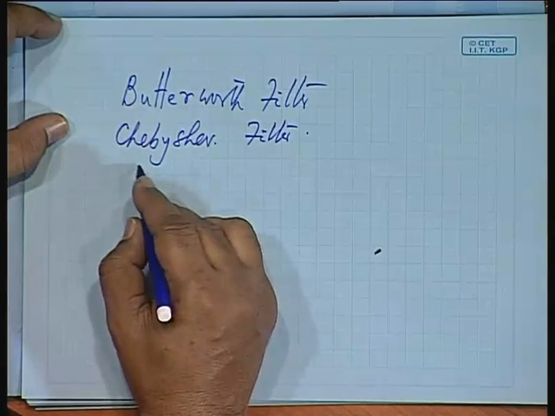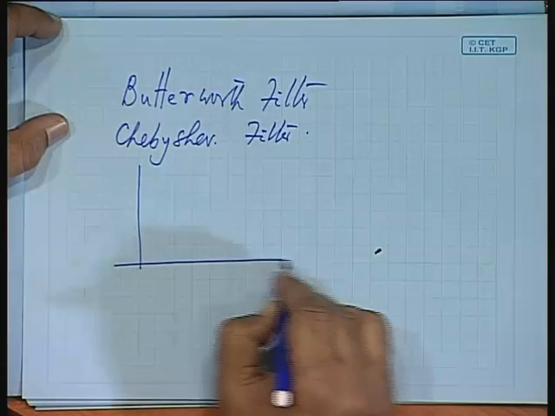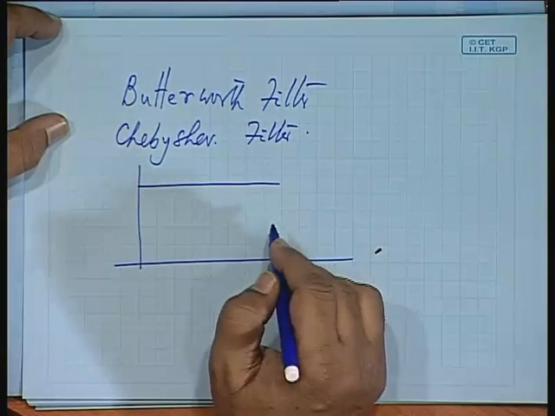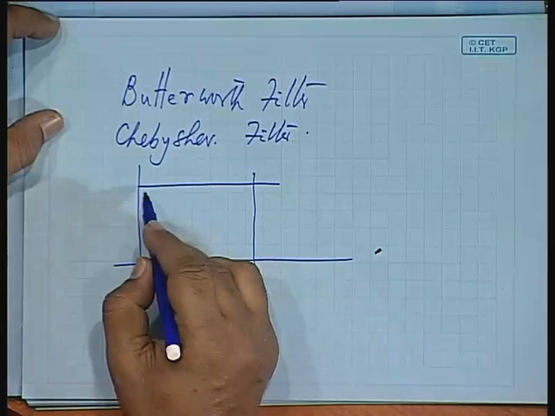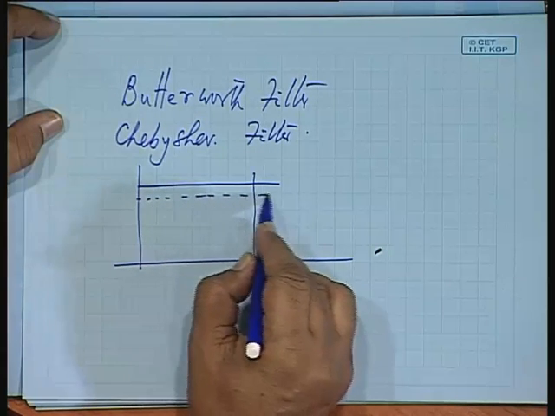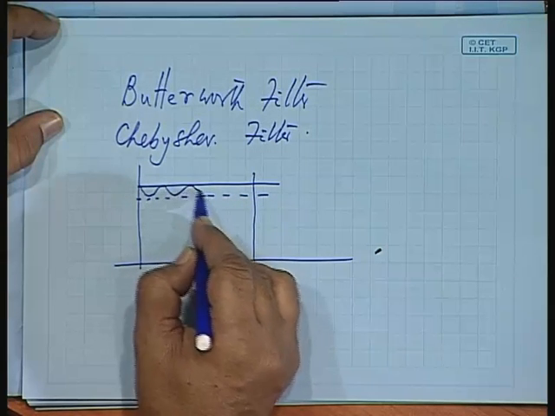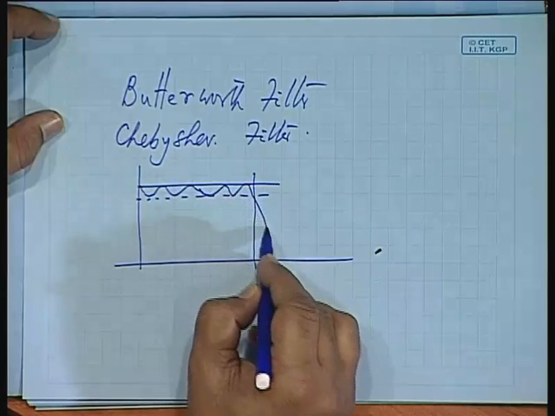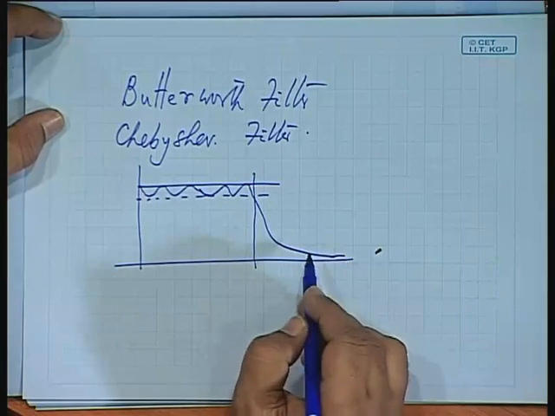Now, Chebyshev filter functions are like this, that is, in the pass band you have a definite width of the ripple like this, and then in the stop band it should go like this.